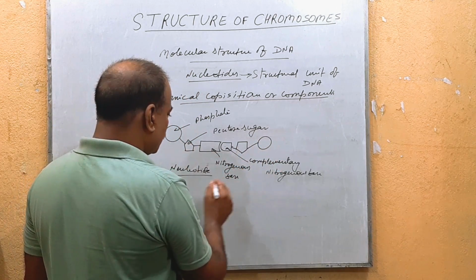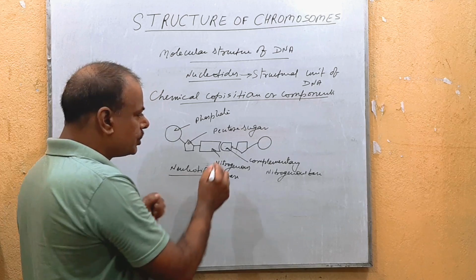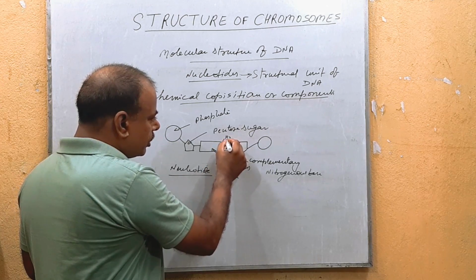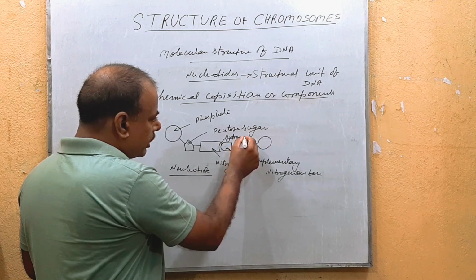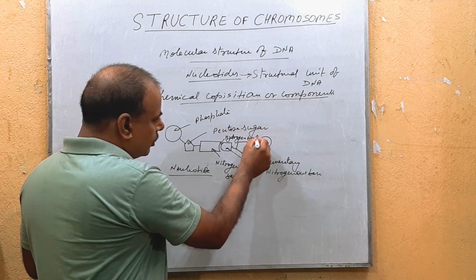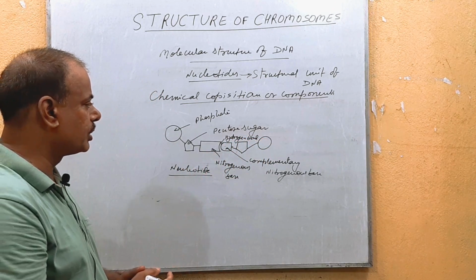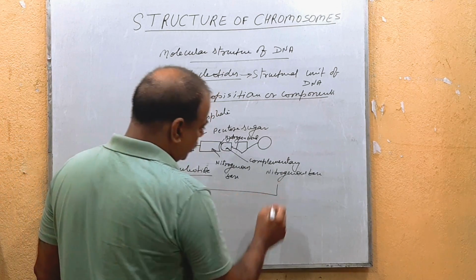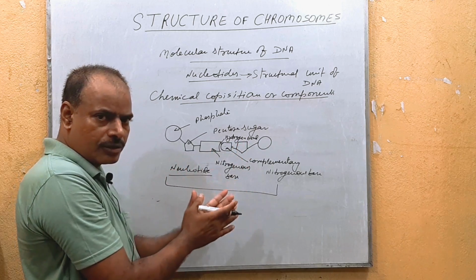So these two nucleotides are combined together by means of a hydrogen bond. So a hydrogen bond connects two nitrogenous bases with each other, and in this way it is a complete structure, meaning two nucleotides combined together.